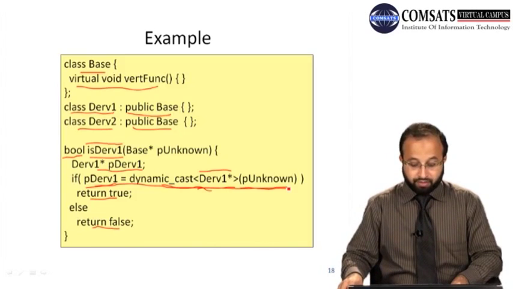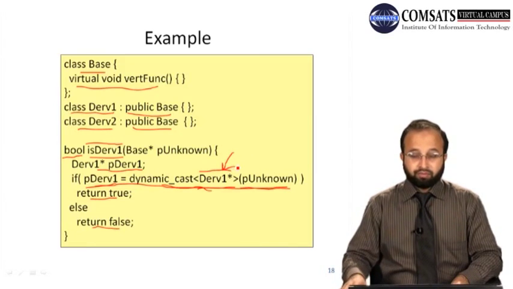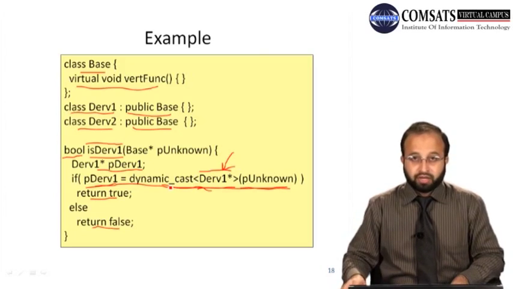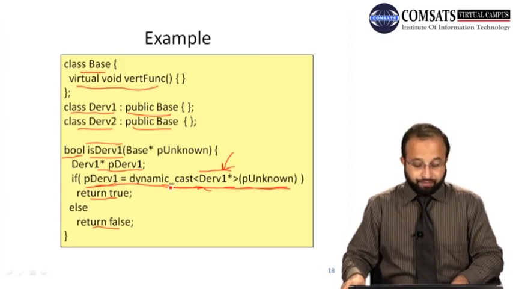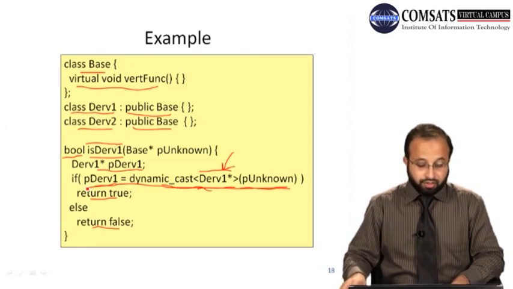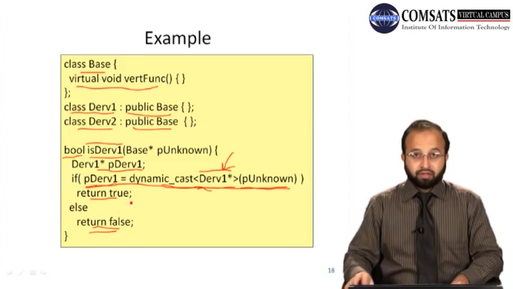Using the dynamic cast operator it tries to convert p unknown into a drv1 object. If it converts successfully, then it will return 1, otherwise it returns 0. ठीक है, so अगर ये 0 रिटर्न करेगा, this means false, so it will return false.